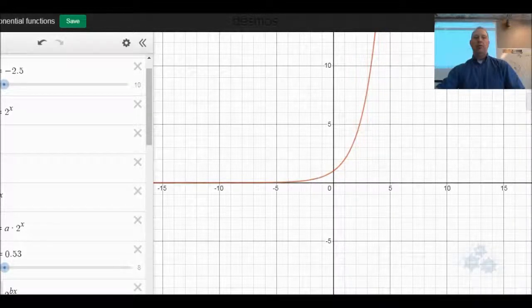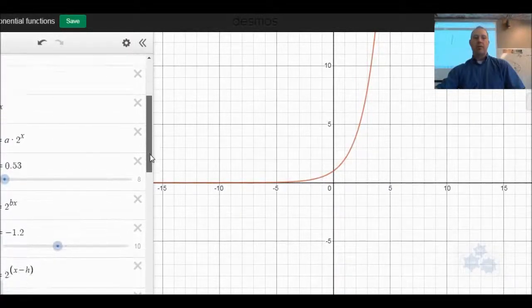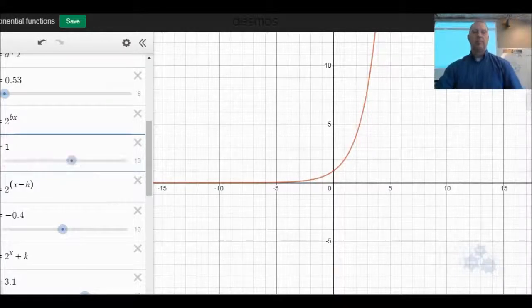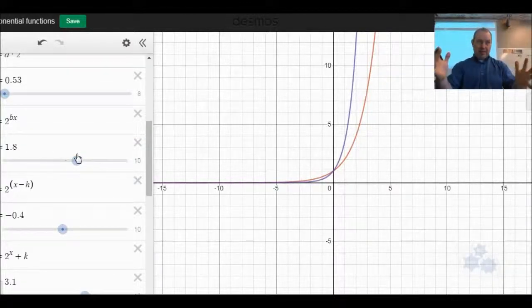So as opposed to b, remember the b value, let's go back to that b value real quick. Where is that? Okay, so let's make b just 1. There we go, 1. And as the b value gets larger, you see how it compresses in towards the y-axis, right?